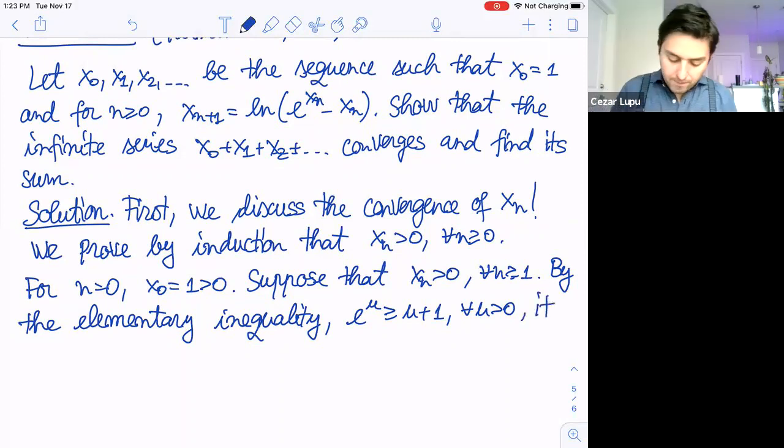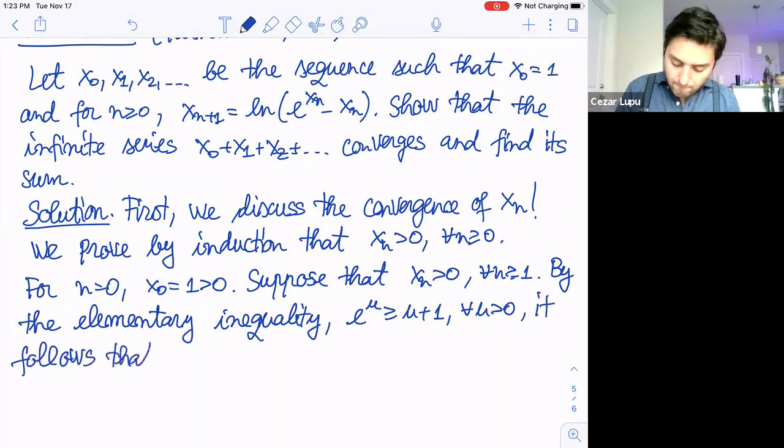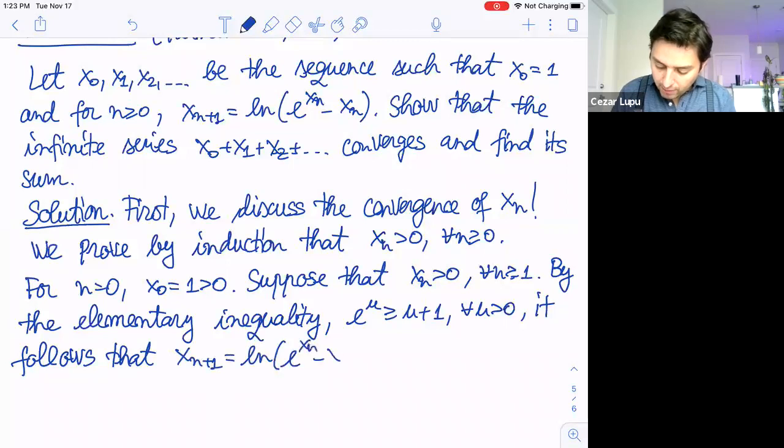It follows that X_{n+1}, which is ln of e to the Xn minus Xn, and we know that the natural log function is increasing.